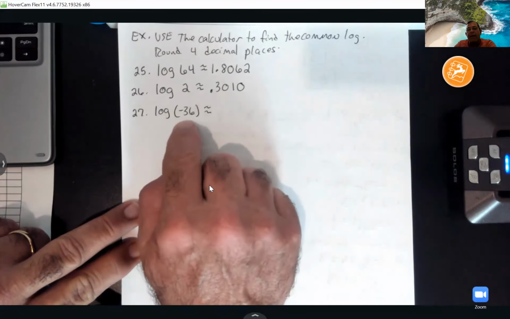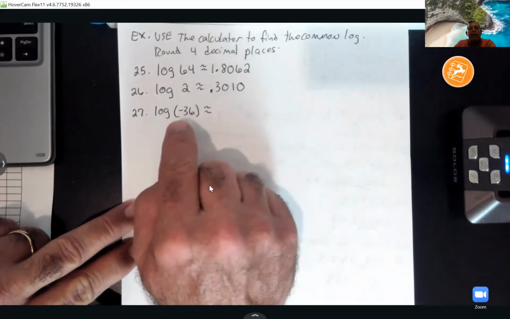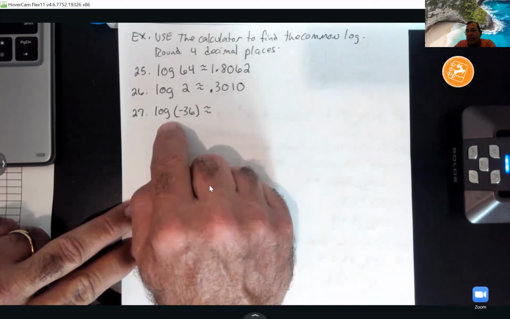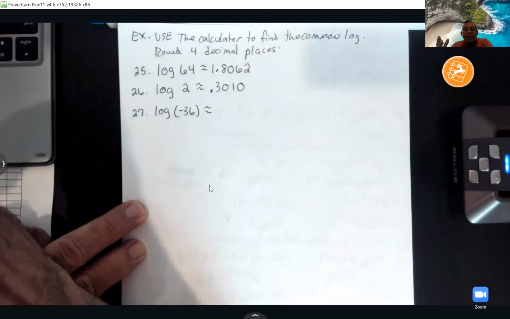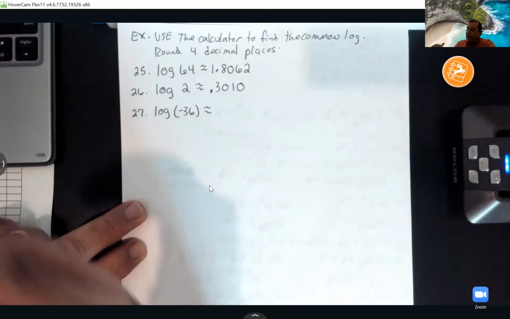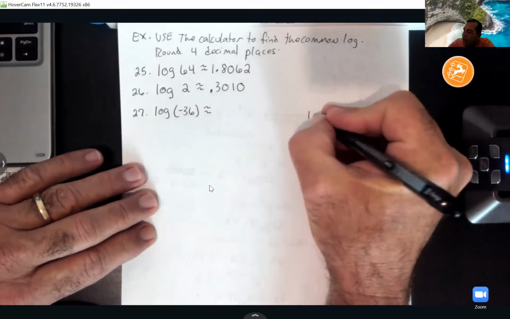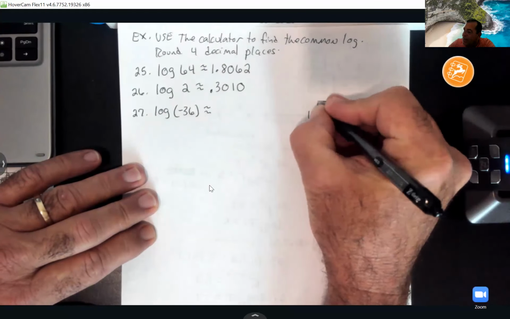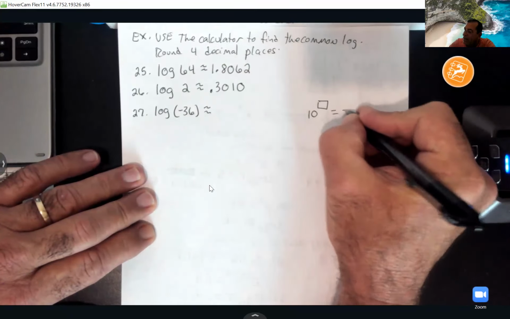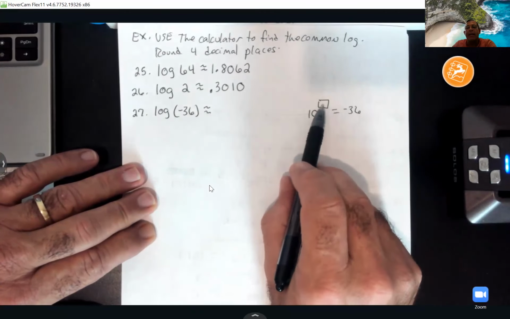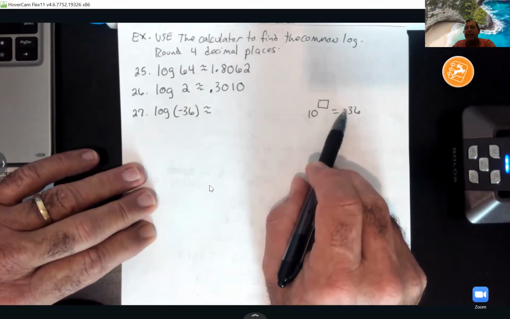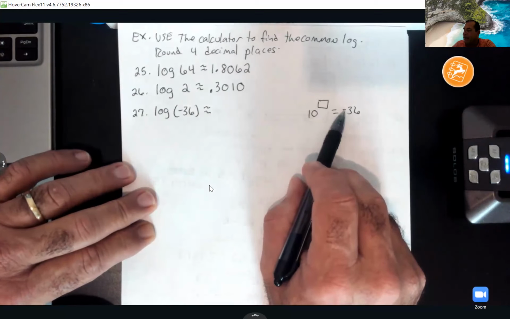And this is trying to find the exponent that would raise that 10 to turn it into a negative 36. What do y'all think about this? There is no exponent that I can put right here that'll make that 10 equal a negative 36, because exponents don't have the power to change the signs of anything.